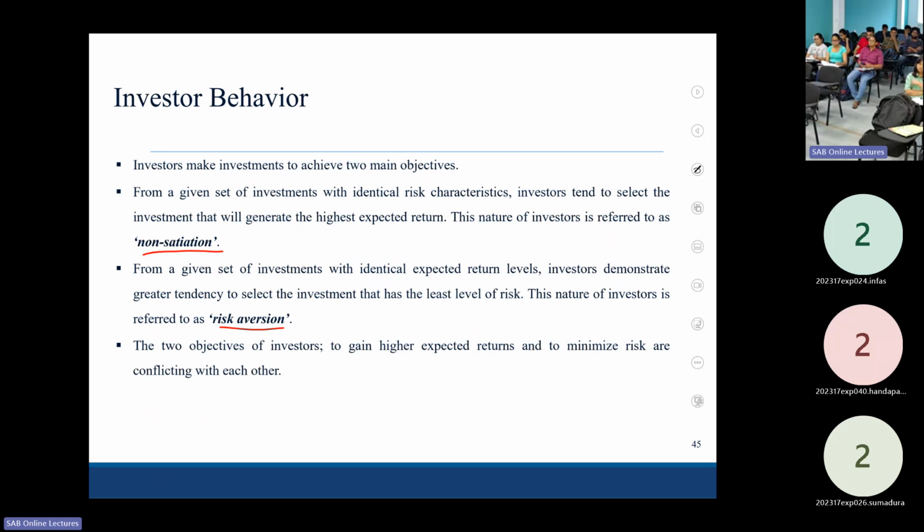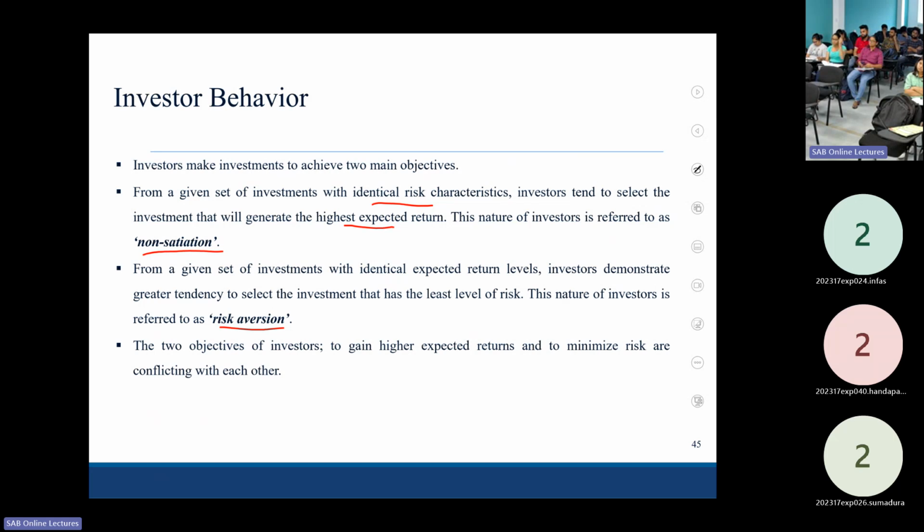So what is this non-satiation? For a given set of investments with identical risk characteristics, investors tend to select the one which will generate the highest expected return. That behavior in portfolio theory we call non-satiation. You are trying to maximize return.